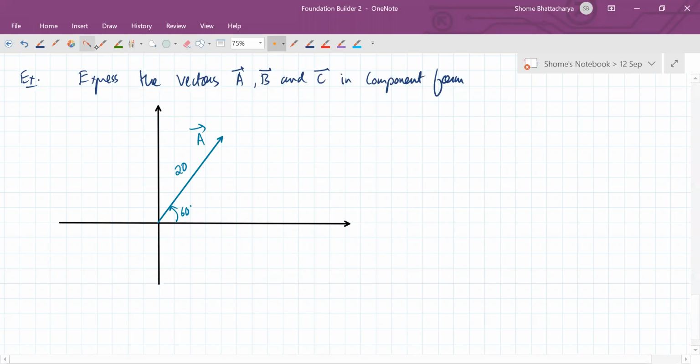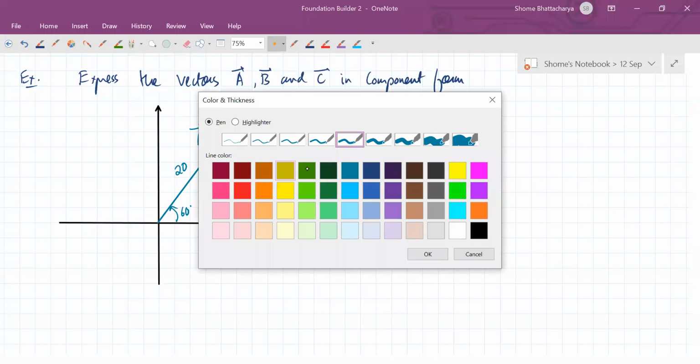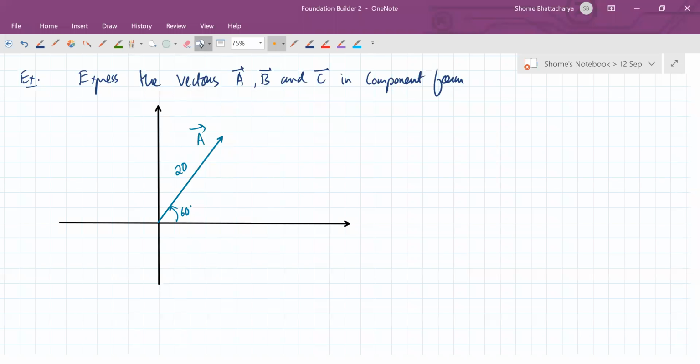So this is how vector A is given to us. Similarly, the vector B is shown to us like this, where this angle is 30 degrees and the magnitude of B is, let us say, 16 units.